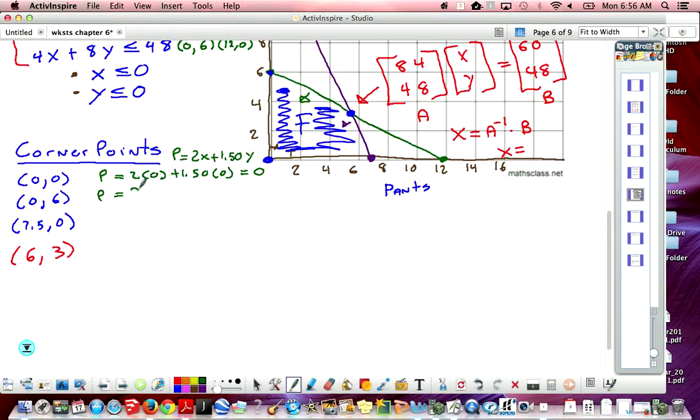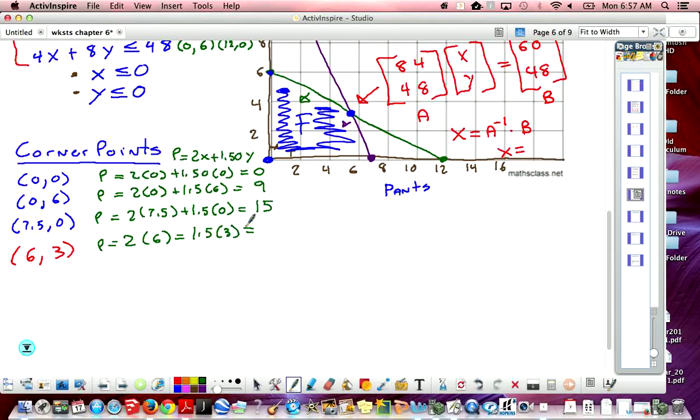On the next one, I'm not making any pants, but I'm making 6 jackets. That's going to give me a profit of $9. On the next one, 2 times 7.5 plus 1.5 times 0, that's going to give me a profit of 15. So we're going to see if this last one does even better for us. And sure enough, I believe this one gives us $16.50. So we're trying to maximize it. So that's our biggest value.